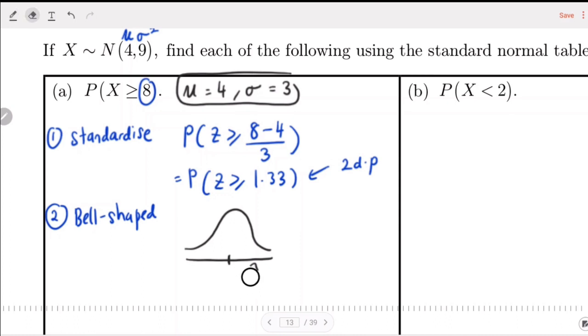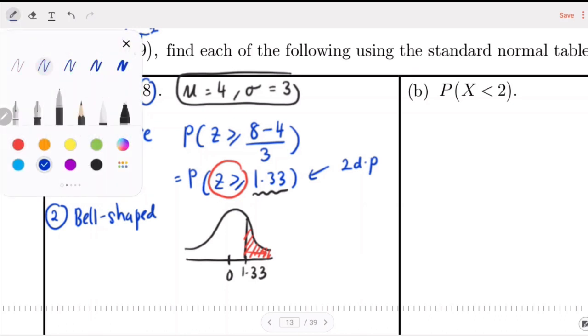Since our Z here is positive, 1.33, it's going to be situated on the right. Next, I'm going to shade the region. Since the probability is Z greater than or equal, the shaded region will go to the right. So the shaded region will look like this.